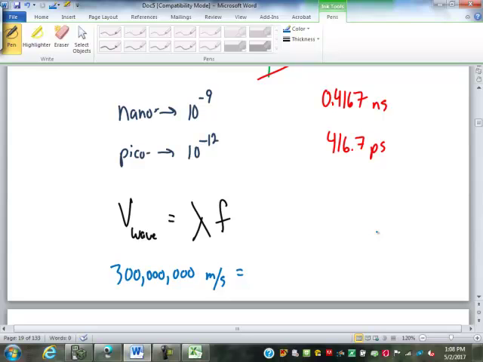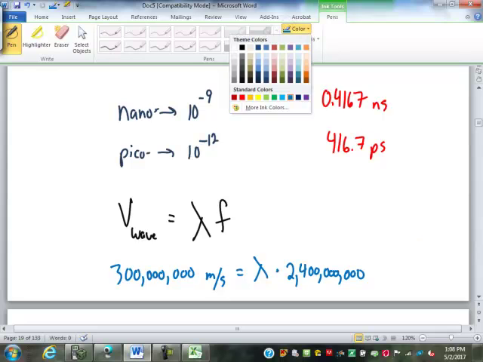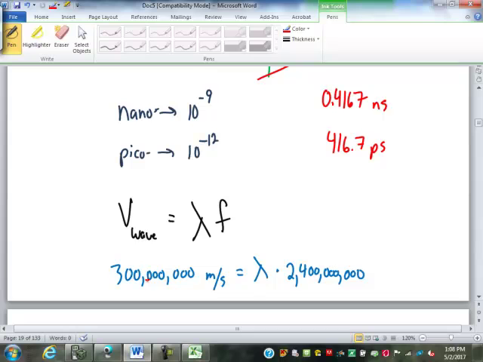But speed of light is 300,000 kilometers per second, or 300 million meters per second, equals our wavelength times our 2,400,000,000 hertz. Now what I'm going to do is this. I'm going to cross off 6 zeros.